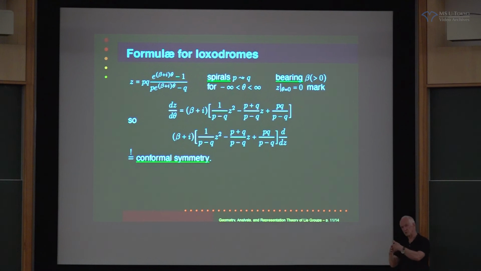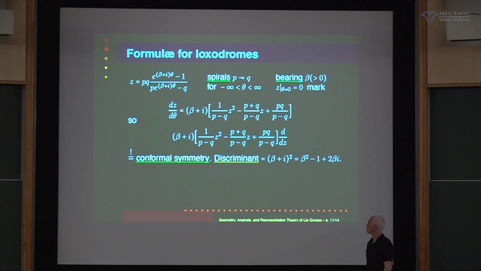Okay, so the conformal symmetries of the sphere are all given by quadratic polynomials times d by dz. So here is one of them. Okay, and the general one can be put into this appropriate form by choice of P and Q. So a complete classification. Right, so a tiny bit more of algebra is that, of course, the only invariant of a quadratic polynomial, you know, a binary quadric, is the discriminant.